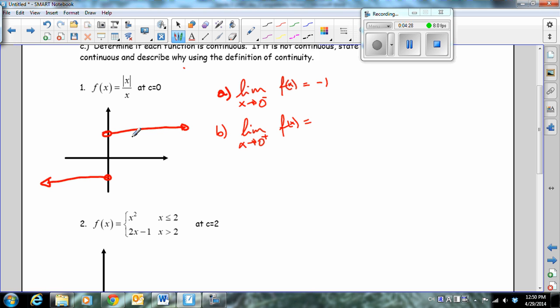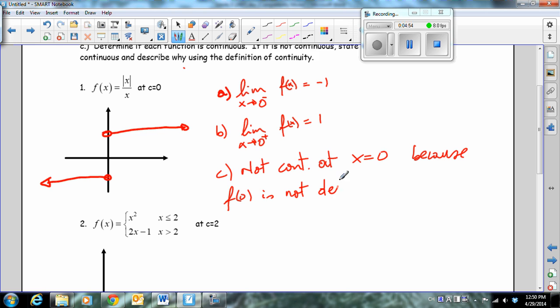This means from this side, it will be 1. Based on these two, I will say it's not continuous. And because it's not continuous, where we're talking about is at x equals 0. Why? Because f of 0 is just not defined.